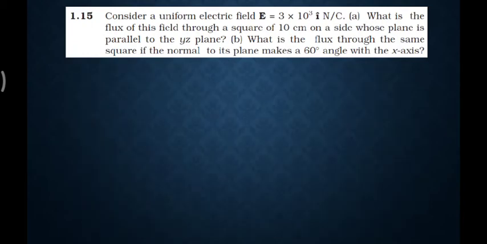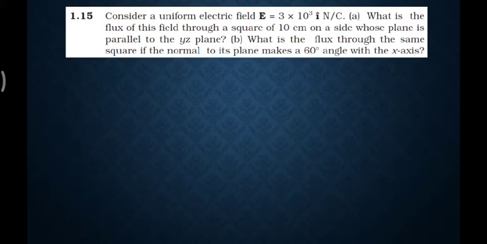The question is, consider a uniform electric field E equal to 3 into 10 to the power 3 i cap. It means it is given in the x direction. What we have to find? A, what is the flux of the field through a square 10 centimeter on a side whose plane is parallel to the yz plane?